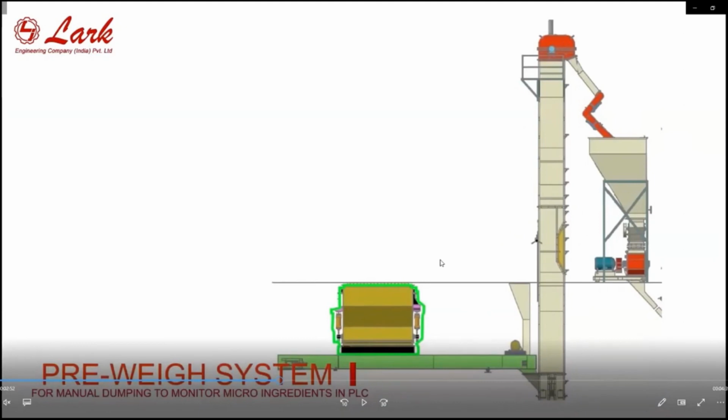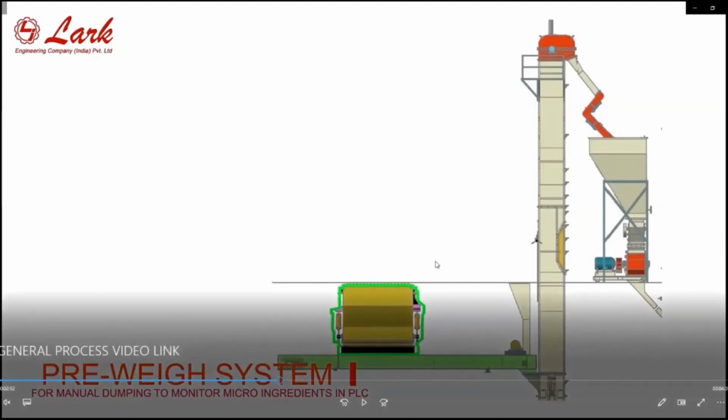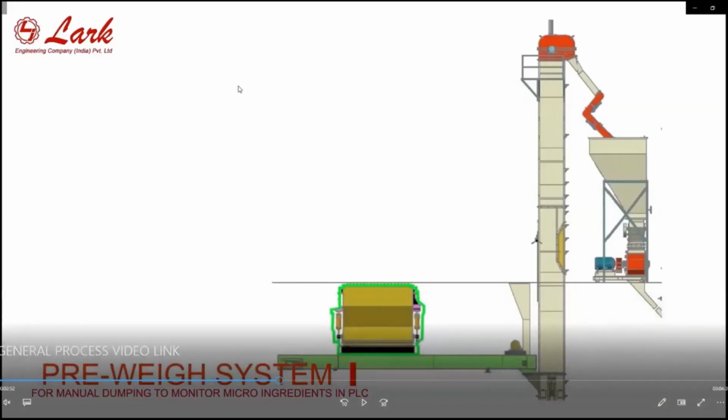There is a limitation in the batching process: the dose should be more than 40 to 45 kilograms for good accuracy. So materials needed in small quantities, like 30 kg, 40 kg, 45, 60, are not frequent. You need them only in a few recipes.